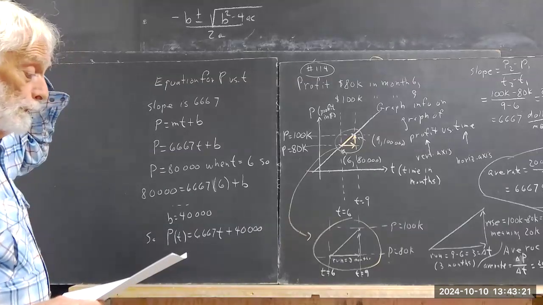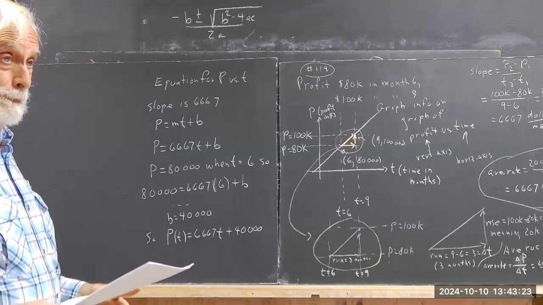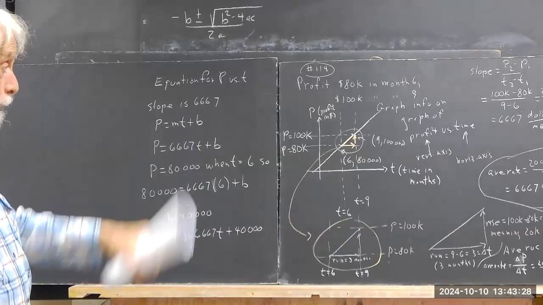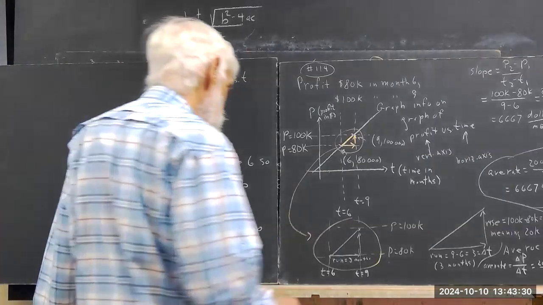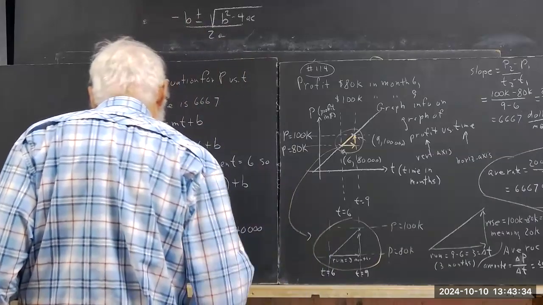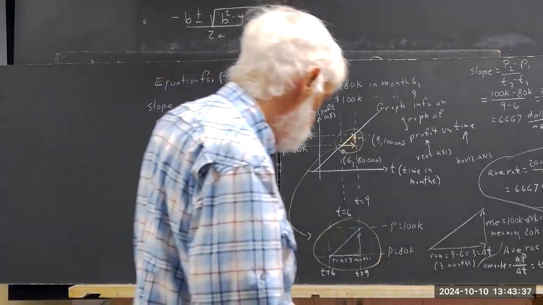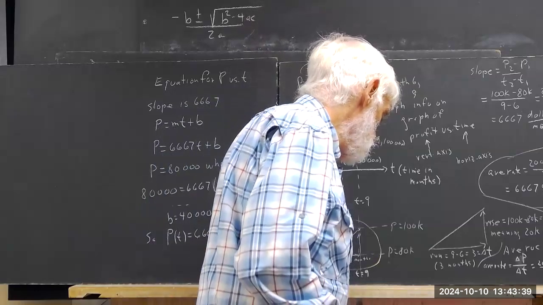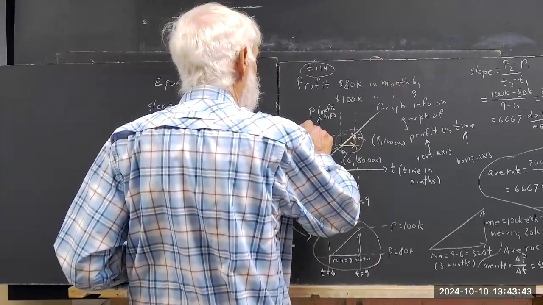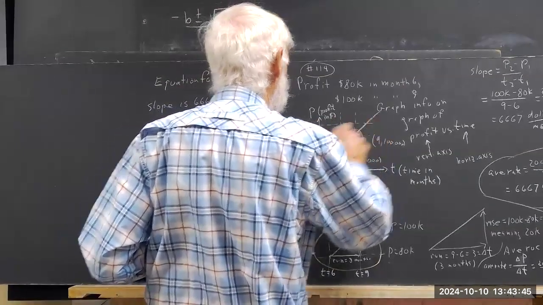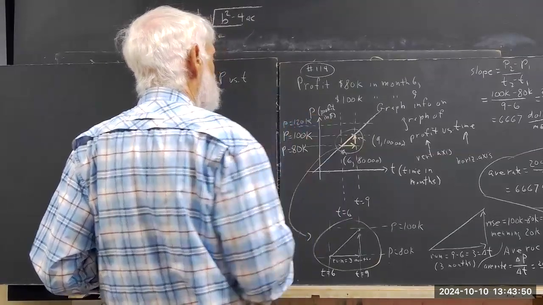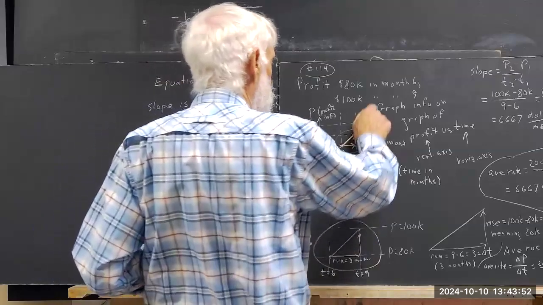Now, when does profit exceed $120,000 per month? If I was doing this and I had the graph sitting there, I'd draw the line for P equals 120,000.